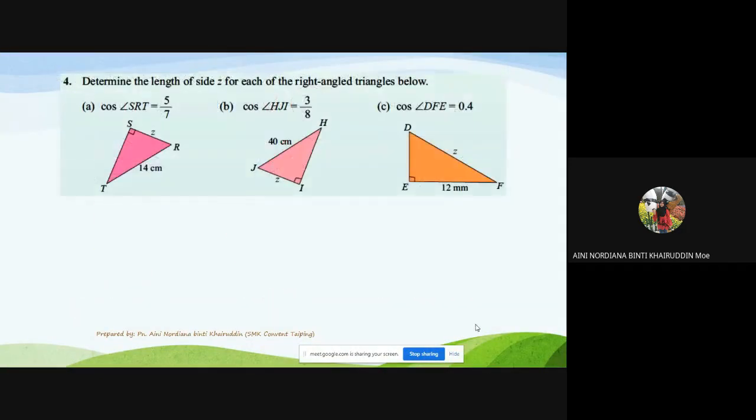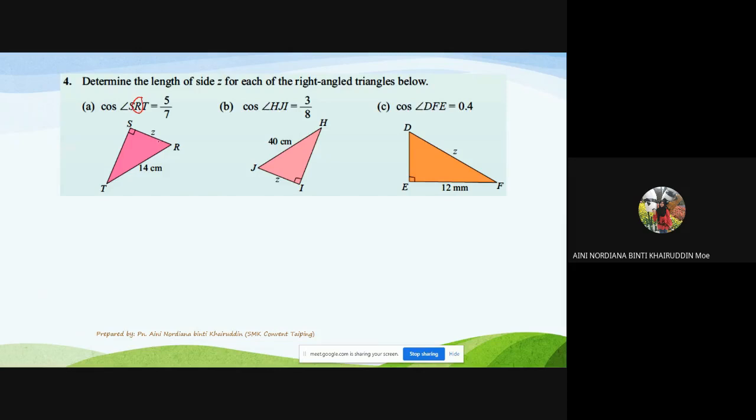So next question number 4 is actually the same as the previous question in steps, but here given is cos. So I show you one example. First look at this angle. This is R. Look at the letter in the middle.